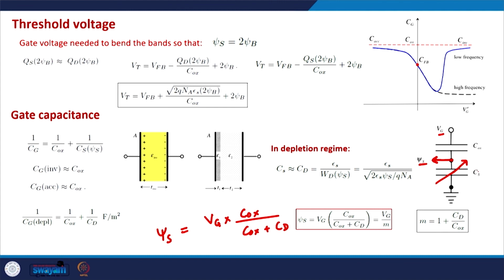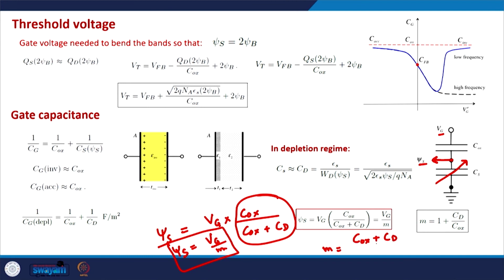Cd is used since we are considering the depletion regime. In total, we can define this to be Vg divided by m. So psi s is Vg divided by m, where m is Cox plus Cd divided by Cox, or 1 plus Cd by Cox.